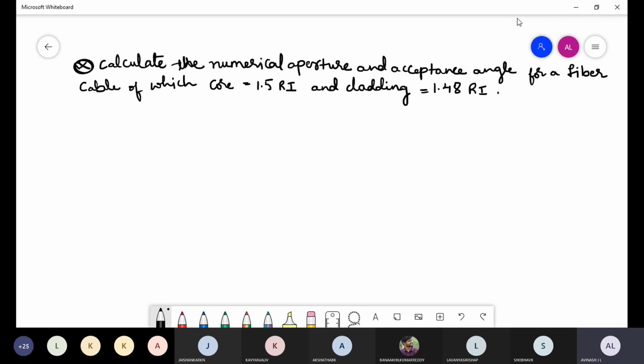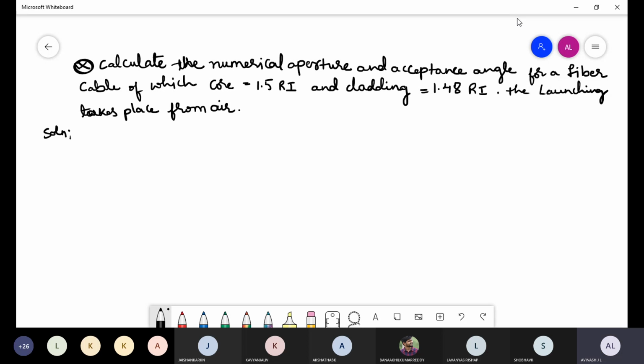The launching takes place from here. Okay, this is the question.